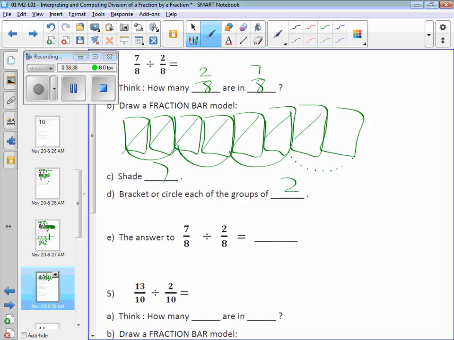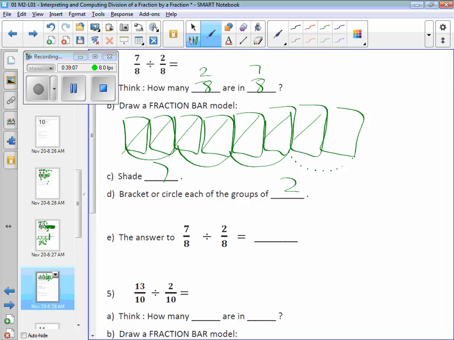Let me think, 3 1/2. Let me think, 3 1/8. What do you think? 3 1/8. What do you think? 3 1/2. 3 1/2.